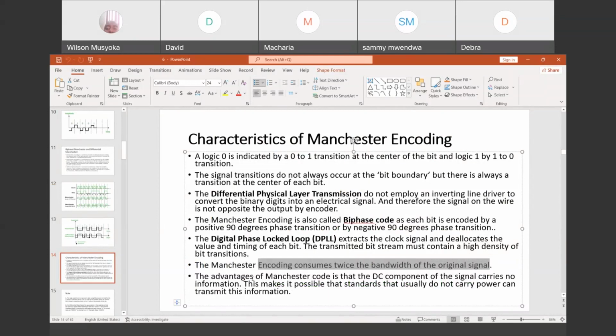That is the benefit of the Manchester encoding scheme. And I hope up to there, we are good with everyone. The advantage of the Manchester code is that the DC component of the signal carries no information, and it makes proper synchronization possible.